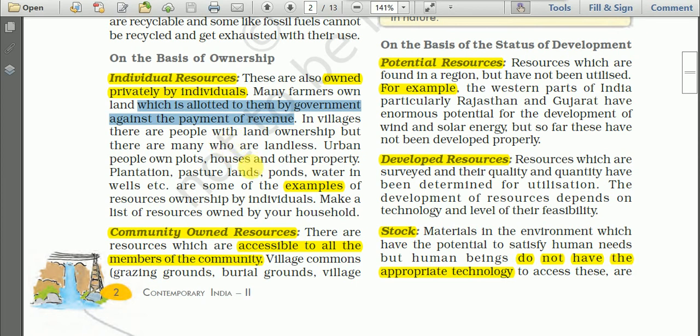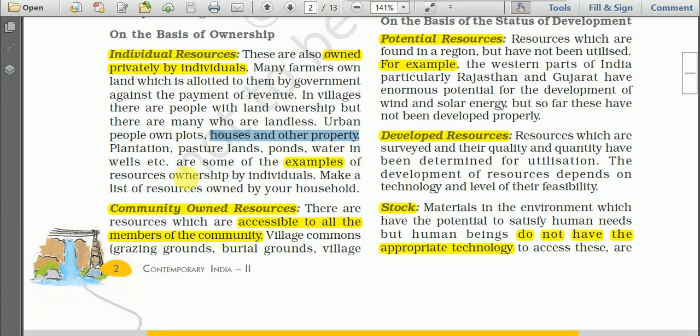In villages there are people with land ownership, but there are many who are landless. Urban people own plots, houses and other property. All these are examples of individual resources. Individual plantations, pasture land, that is grazing lands, then ponds and water in the wells are some examples of resources owned by individuals.